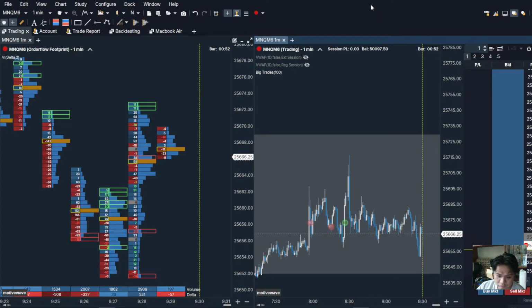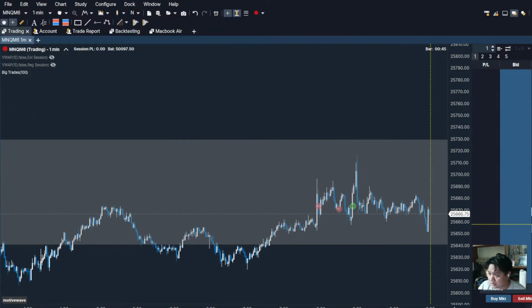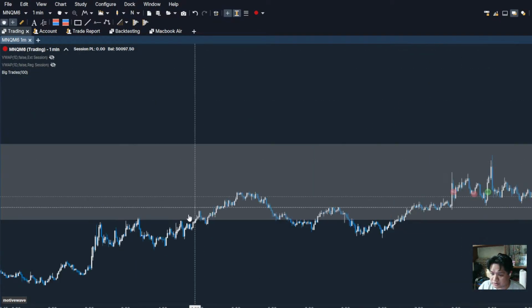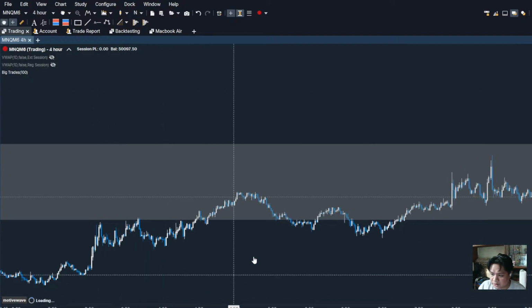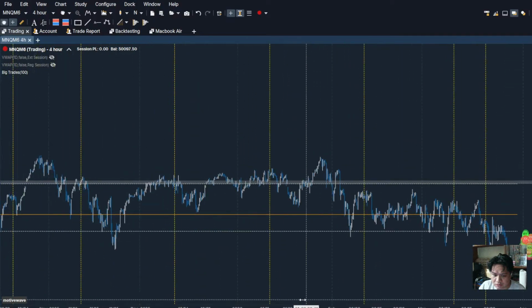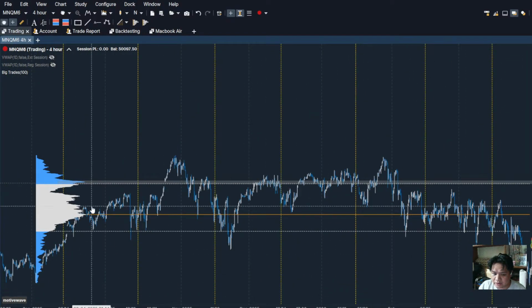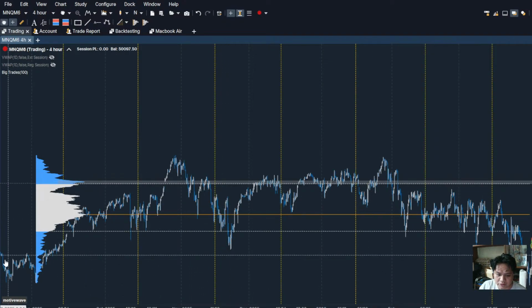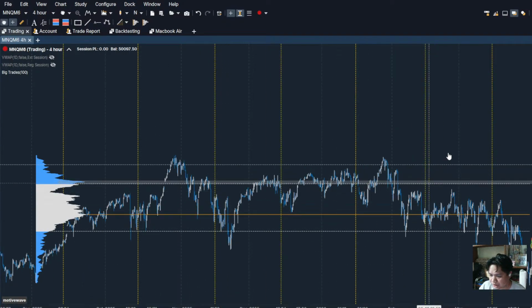Okay, so game plan today. Let's hide this down for now. This gray thing is basically the value area high of this composite volume profile that I chose to use.